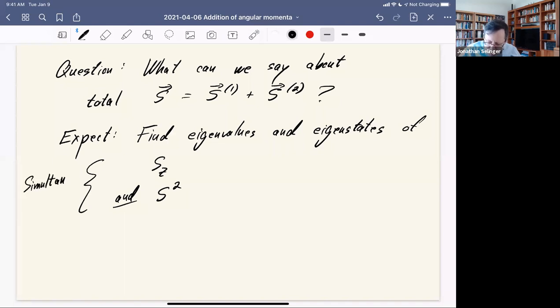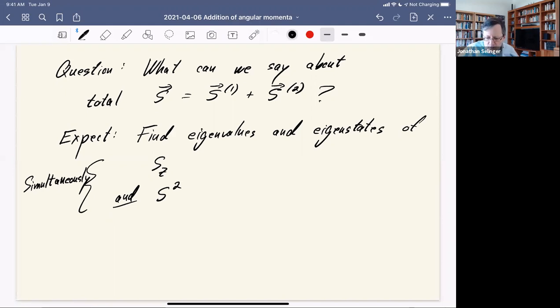We expect that because we've found that works based on just the commutation relations for any angular momentum. And so it stands to reason it should work for this combined angular momentum also.